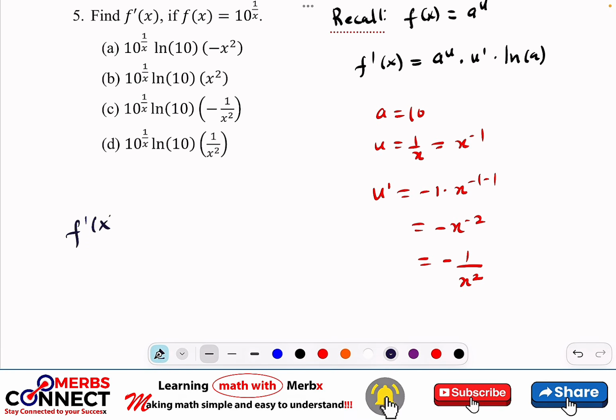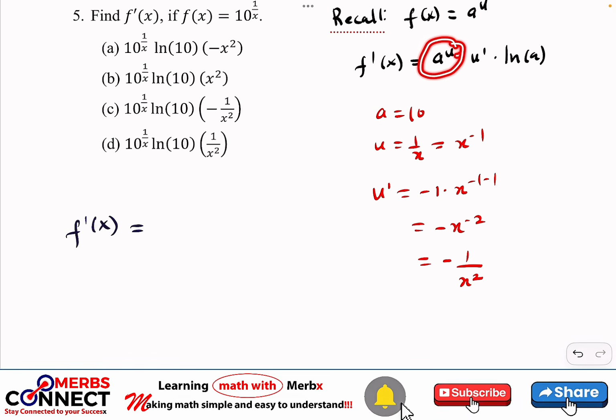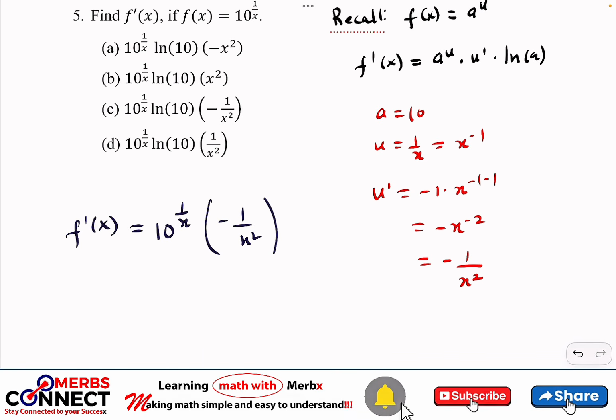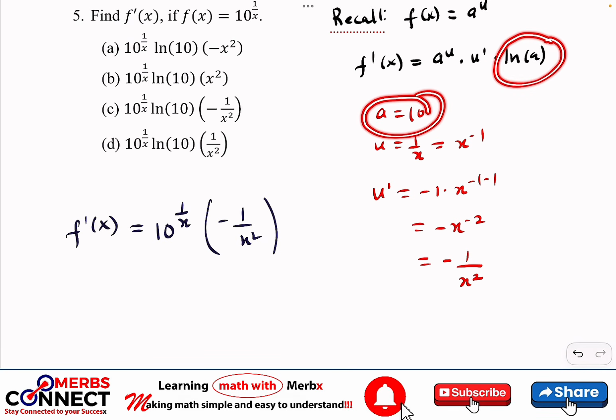f prime of x is going to be, so what is a to the power u? a is here and u is also here. So we are going to have 10 to the power 1 over x, then times u prime, so times minus 1 over x squared, which is here, right? Then times ln of the base, which is 10.